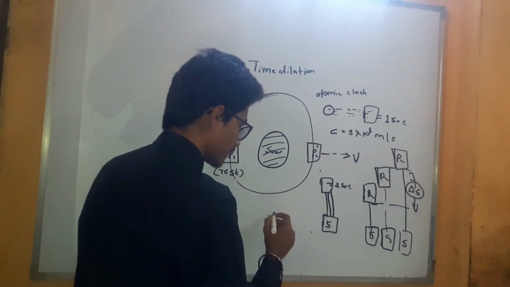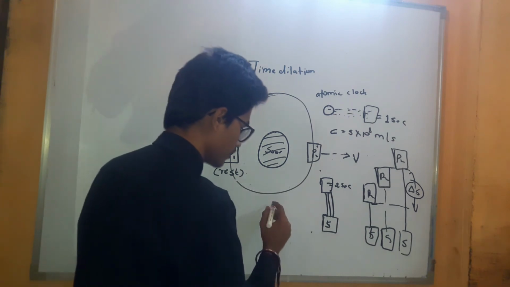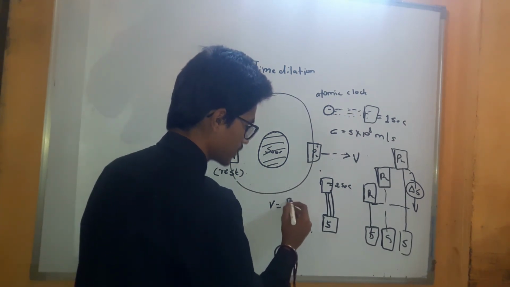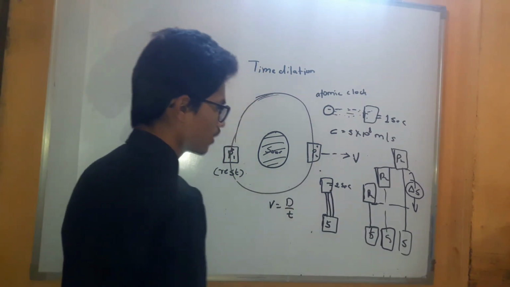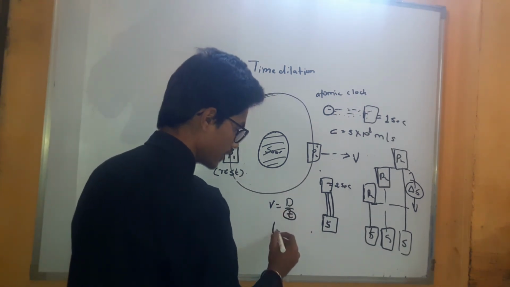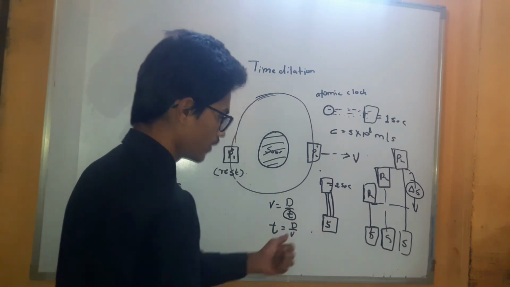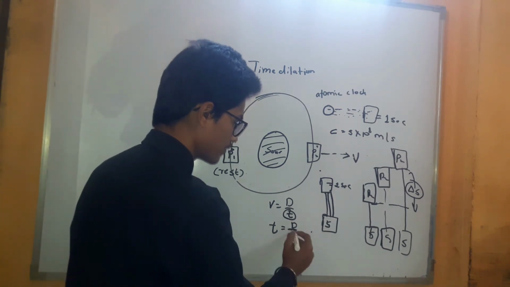We know that the equation of velocity is v equals distance over time. Now here we want to find t, so we get t equals d over v, where d is distance and v is velocity.